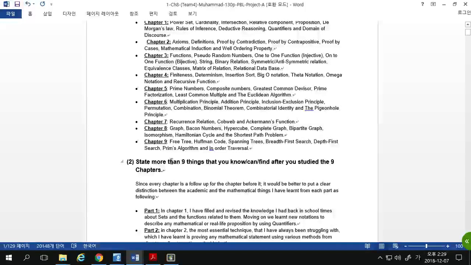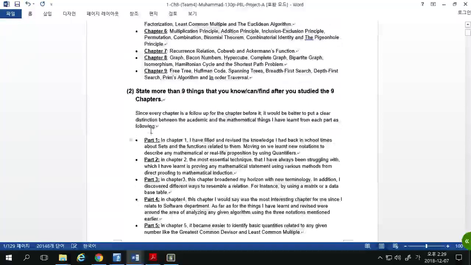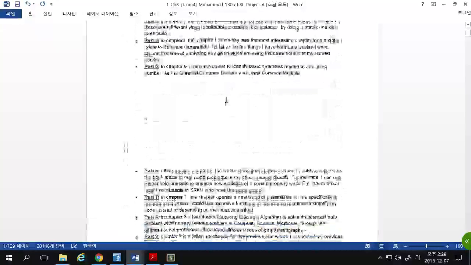In programming, we call it recursive functions. In chapter 8, which is my chapter, we learned about graphs, which is some sort of introduction to chapter 9, which is the trees. The most important difference between chapter 8 and 9 is that chapter 8 is a simple graph, and chapter 9 is a graph with no cycle, also known as a tree. So this is exactly the same thing that I have already mentioned.